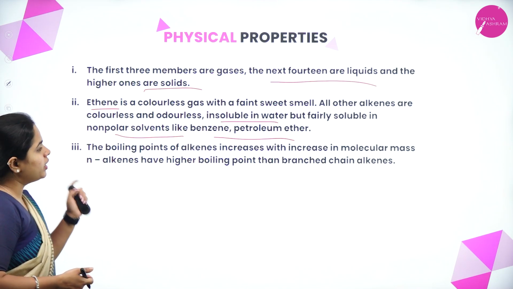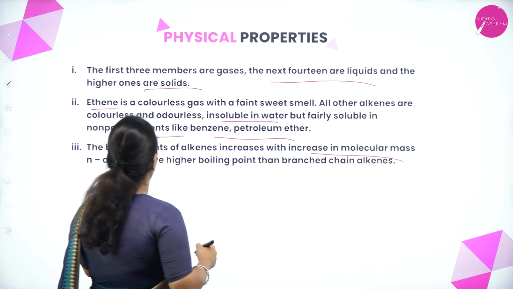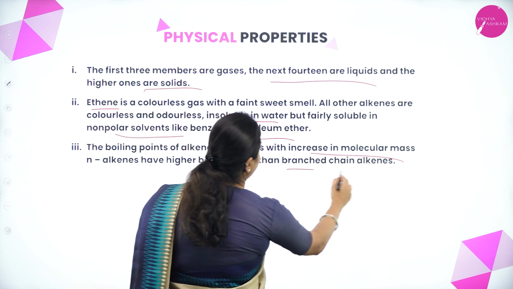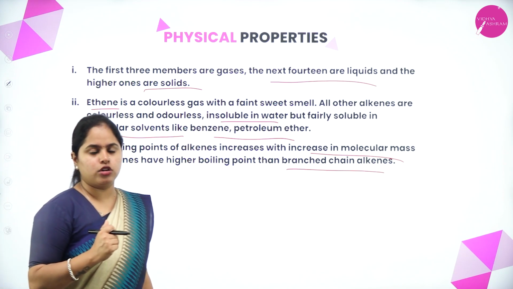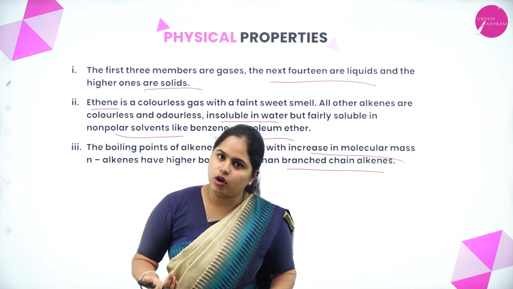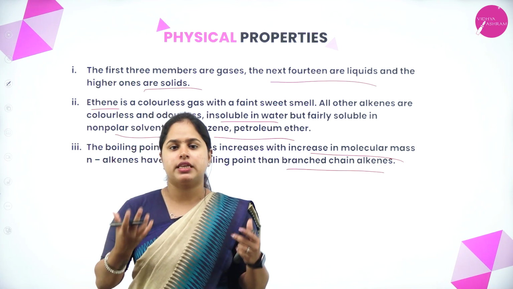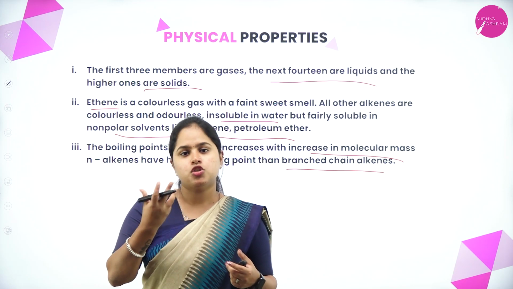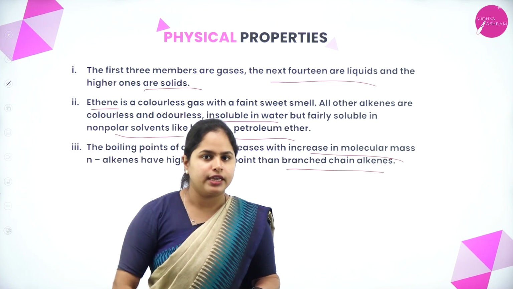Then the boiling points of alkenes also increase with increase in molecular mass, and straight chain alkenes have higher boiling points than branched chain alkenes. Even this we have discussed in the alkanes part. When molecular mass increases, the boiling point also increases. Why is that? Because the molecule is becoming heavier and heavier, so it becomes difficult to convert it from the liquid or solid state to the gaseous state, right?